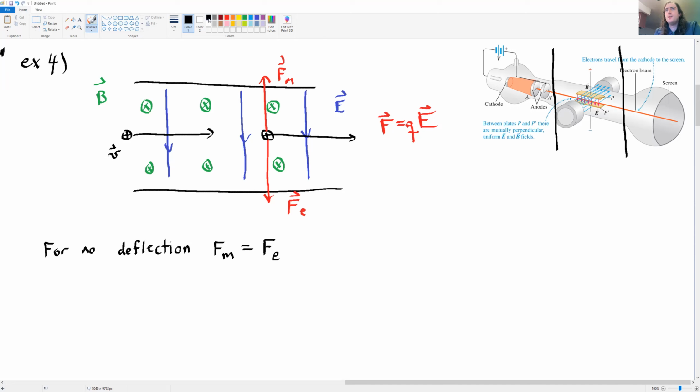So here's what I want you guys to do. Take this expression and I want you to solve for the charge to mass ratio. We have to also recall the formula that we had before.